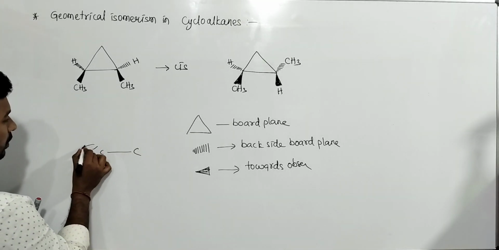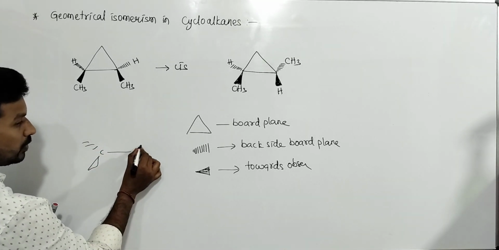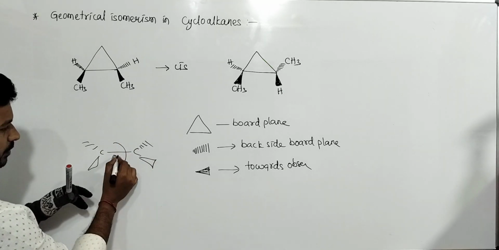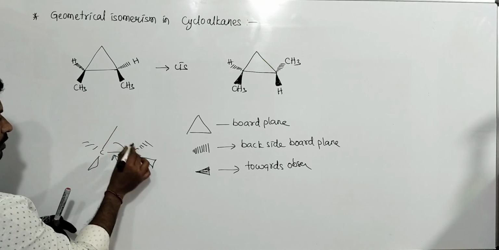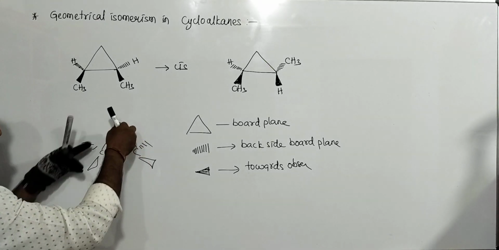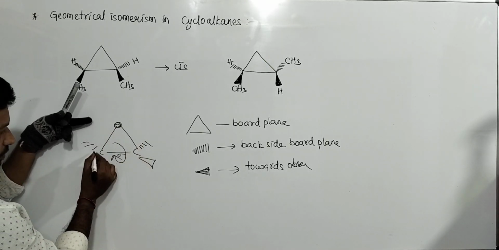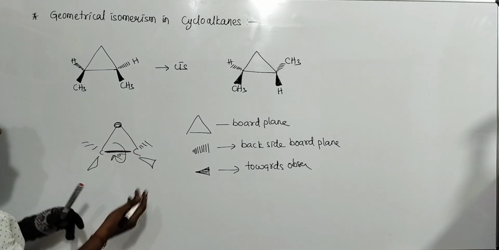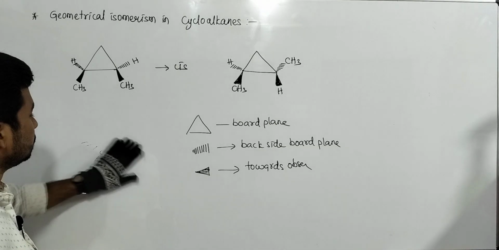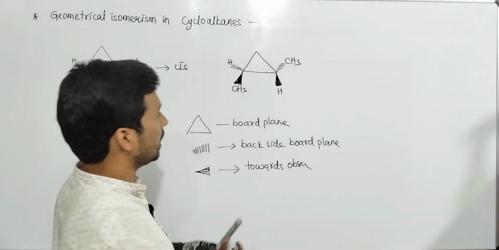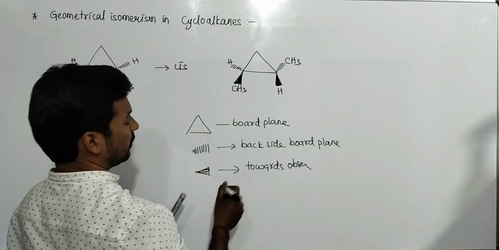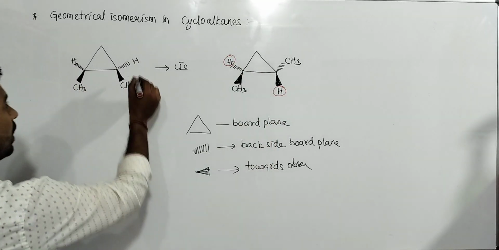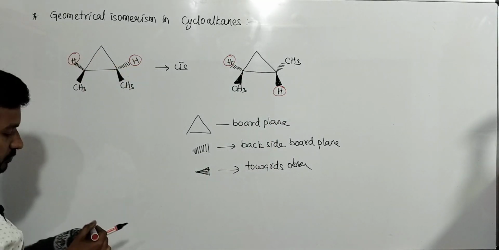So methyl group and hydrogen cannot be rotated because free rotation through a sigma bond is not possible; due to formation of the cycle, this bond becomes rigid. So this is trans, because the methyl groups are on the opposite side; hydrogen on the same side, cis.